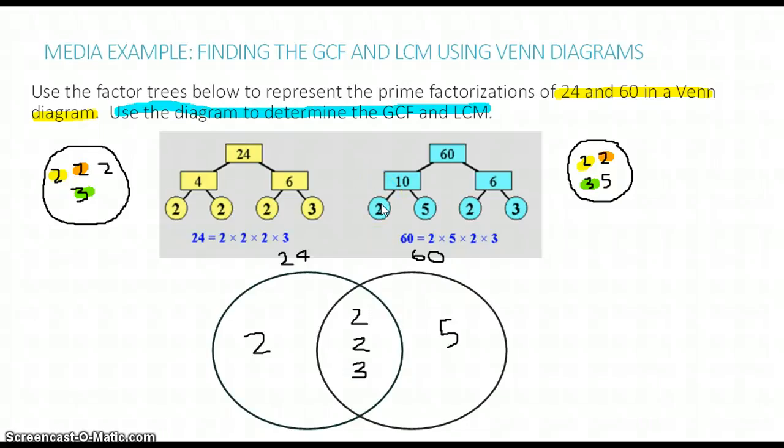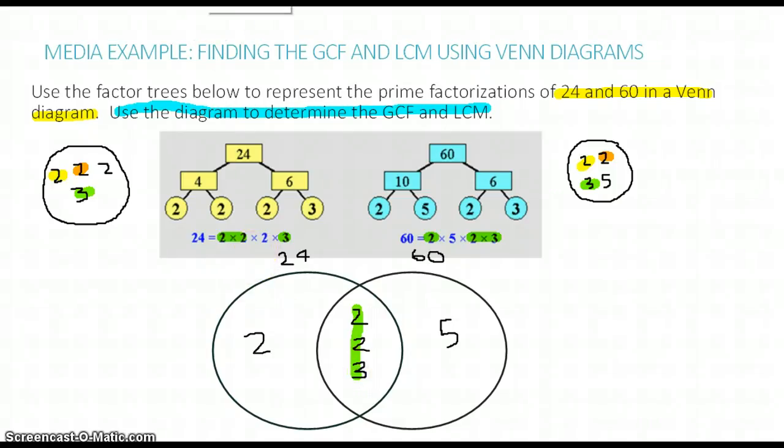Now let's find the GCF and the LCM. So notice that 24 and 60, if we look at these, 2 times 2 times 3, these are the factors that they have in common, that we put in here.